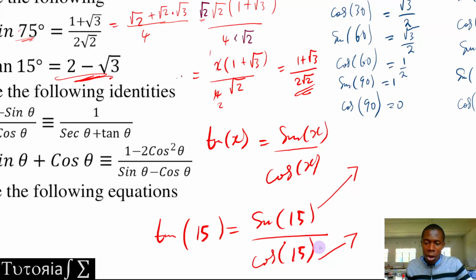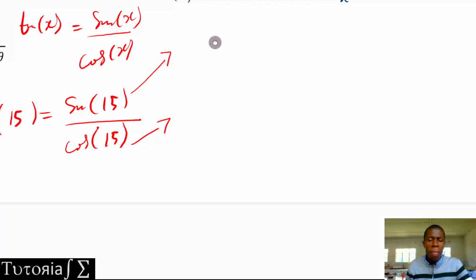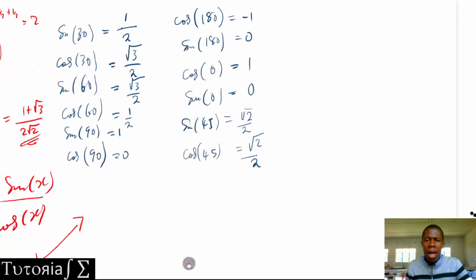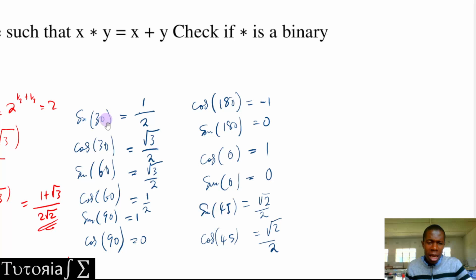So this is a task I'm going to give you. The first task is this, then I'll see how you progress from there, then do some more questions. Think about how you can get a 15 by using these numbers here, 30, because we want a solid non double angle.